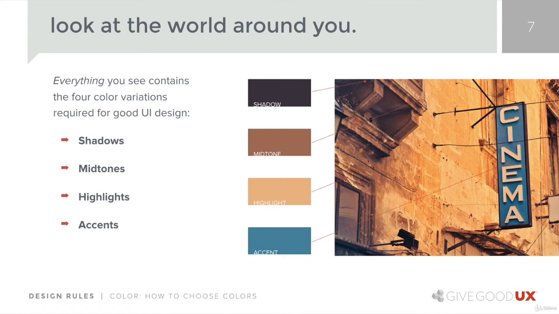The shadow and the midtone and the highlight are all in the same family, which means the base color for your user interface all come from one basic shade. They're variations on a single shade. Then you pick an accent that you use for visual interaction cues, for highlights, for areas where you want to suggest interaction, action, where you want users to do something, okay? Tap something, click something, swipe something.